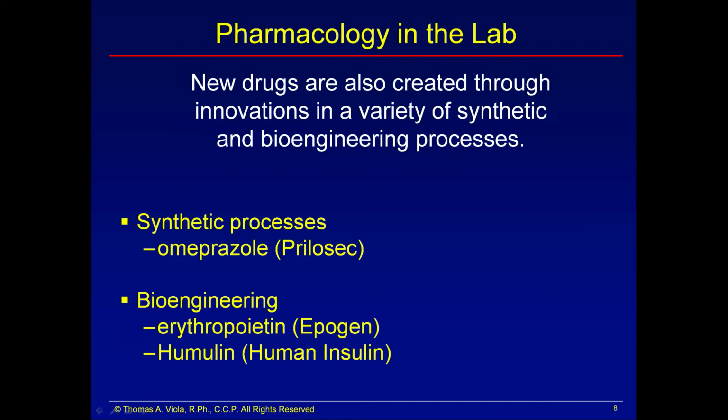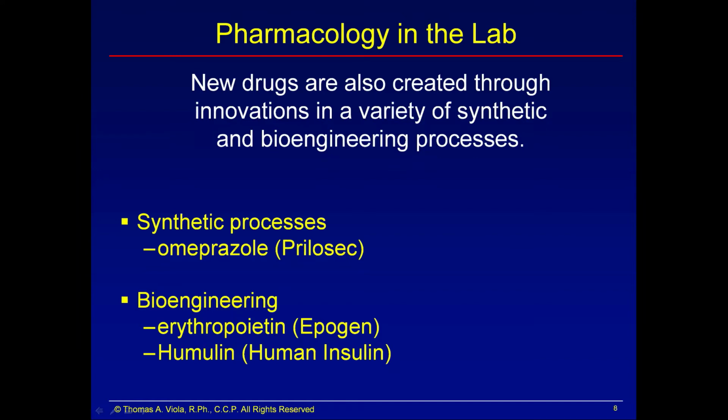Well, if we know what the receptor on the proton pump looks like under an electron microscope, we can go to our friend, the organic chemist, and say, hey, could you come up with something that fits this like a key in a lock? Because we want to block those receptors and block the formation of stomach acid. And hence, Nexium, Prilosec, the entire class of proton pump inhibitors was born.